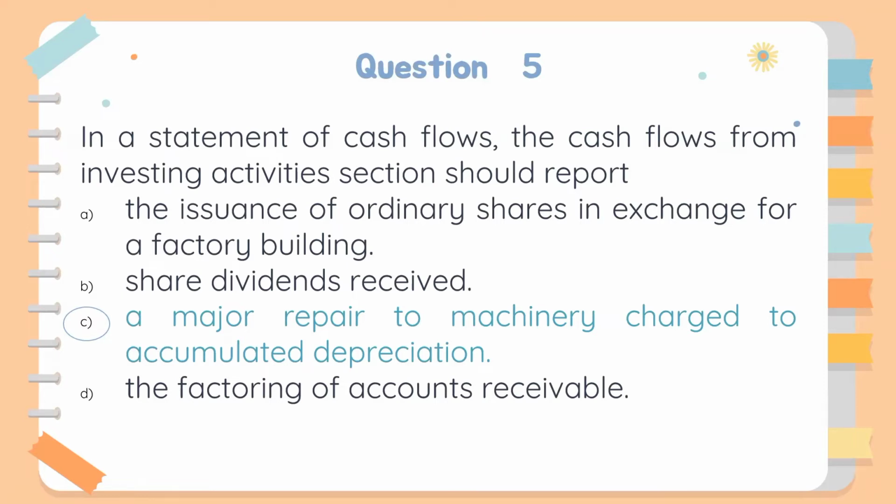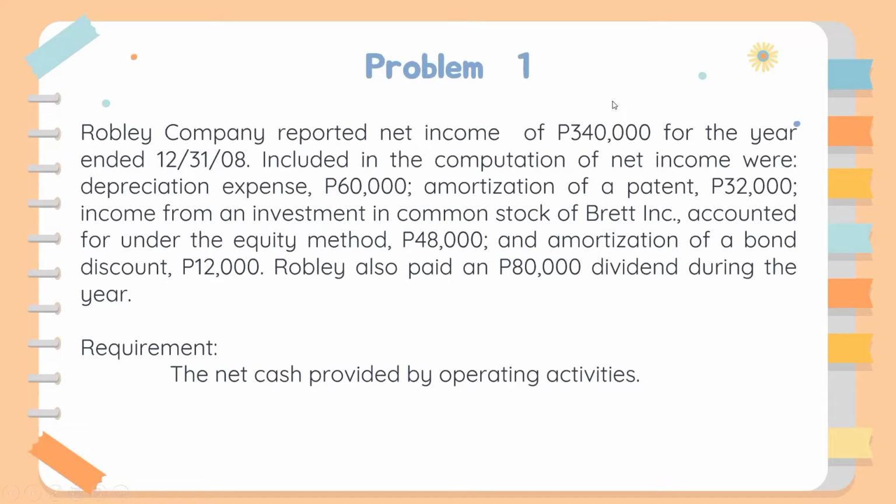So, let's go to the problem. Okay, so for the problem 1. Robley Company reported net income of 340,000 for the year ended December 31, 2008.